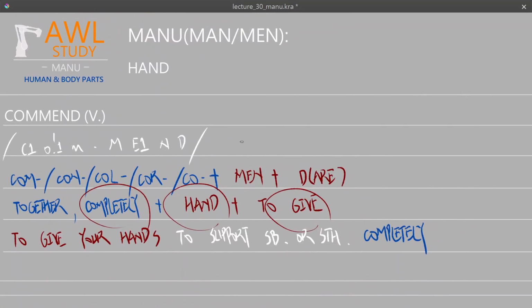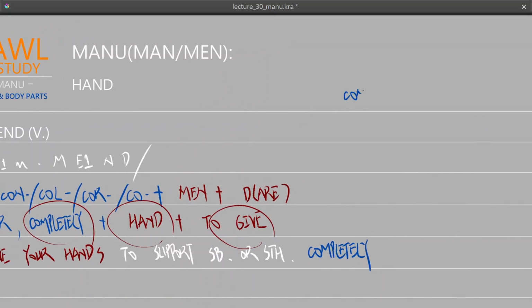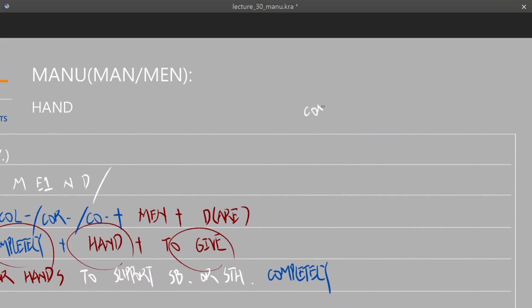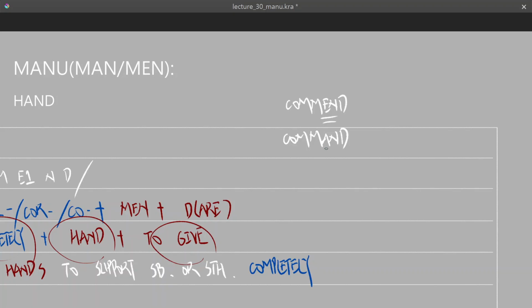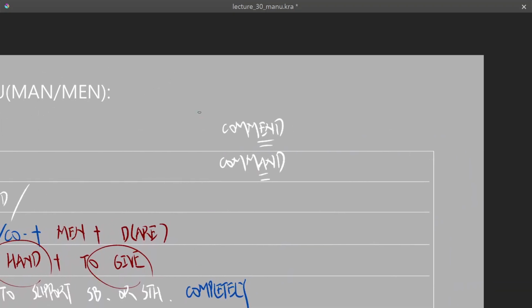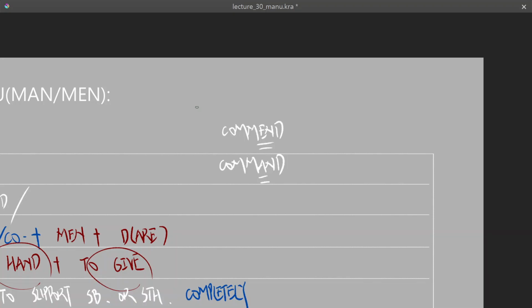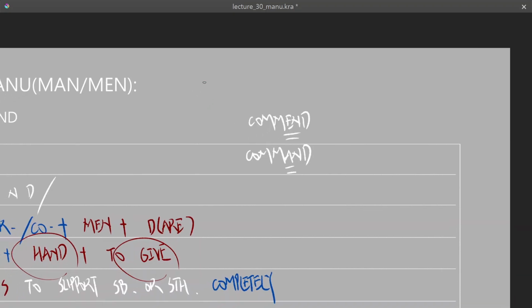So we have another similar word, let's say comment versus, let me clarify, comment and command. My way to retain the meaning or clarify the meaning of these two words is to apply my own version of mnemonic device.